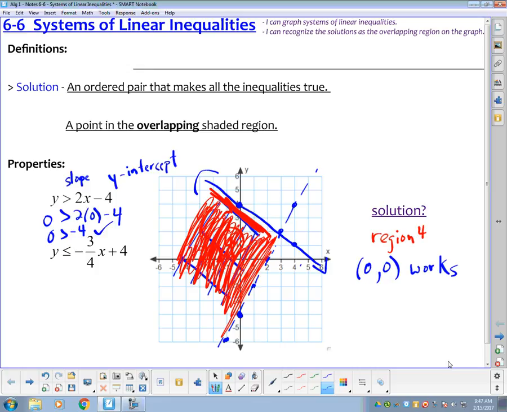What if I put 0 in the second inequality? Okay, we'll just plug in 0 there. So we plug in 0 for x, 0 for y in the second inequality, and then we check to see if it's true, right? Is 0 less than or equal to 4? That whole term drops out. Is 0 less than or equal to 4? Yeah.